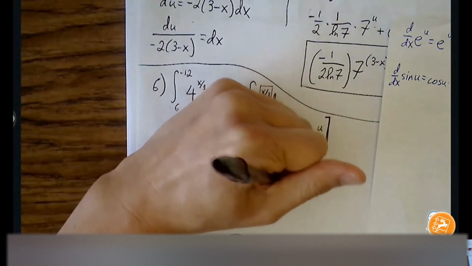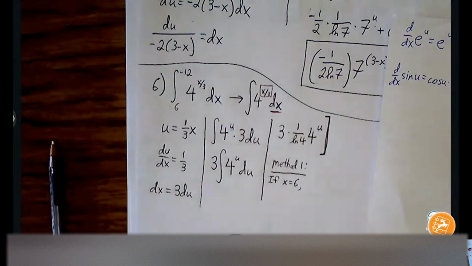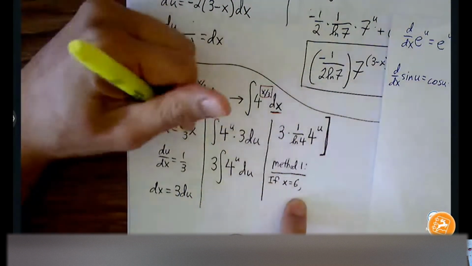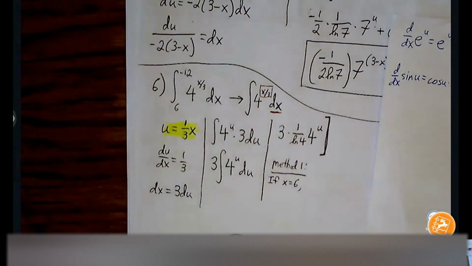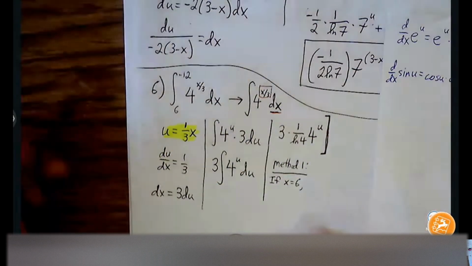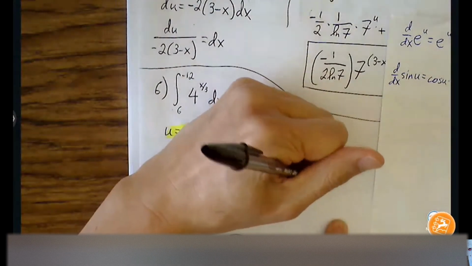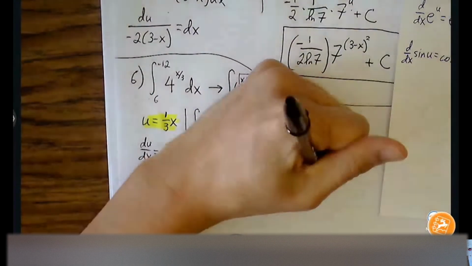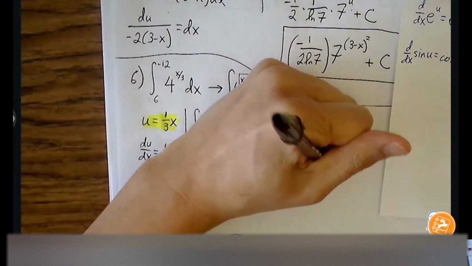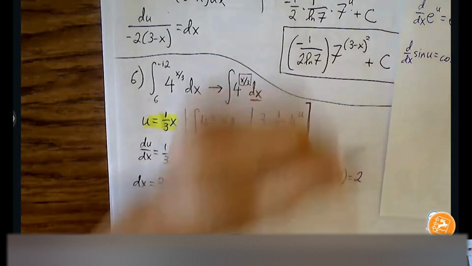So if x is equal to 6, the way that we convert is we look at that assignment that we created between u and x. And that's how we move between the two variables. So if x equals 6, then u is equal to 1/3 x, which is going to be 1/3 times 6, which is 2.